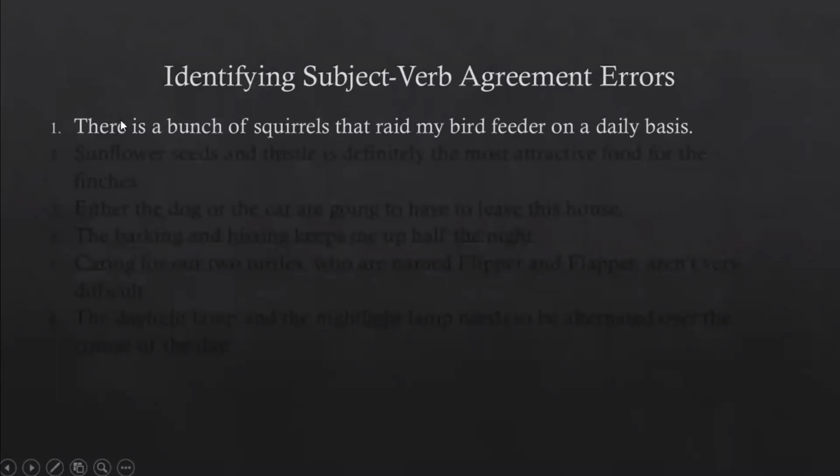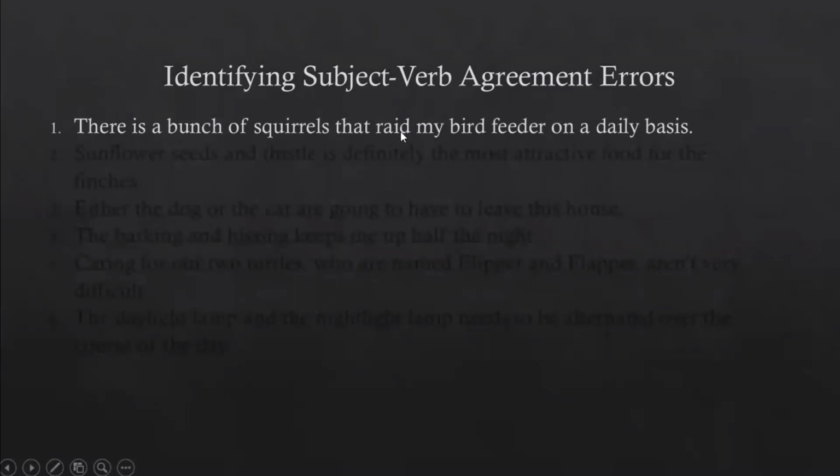Now, if you said there are a bunch of squirrels, then you'd have a plural verb with bunch, which is still singular, okay? Now, the other verb we want to look at here as well, raid. There is a bunch of squirrels that raid. Is is our primary verb, and we've established that it's singular. Okay, bunch is singular.